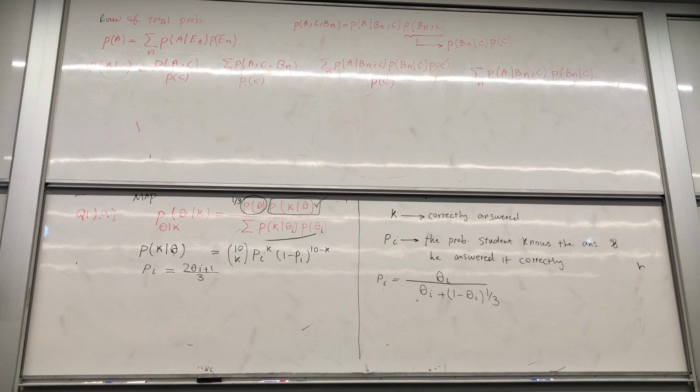I fix theta, and the number of questions correctly answered out of how many questions? M questions with that probability.